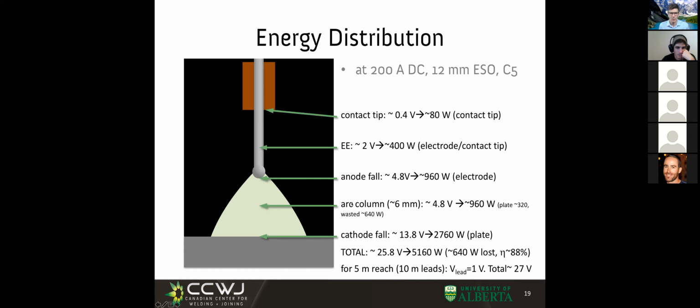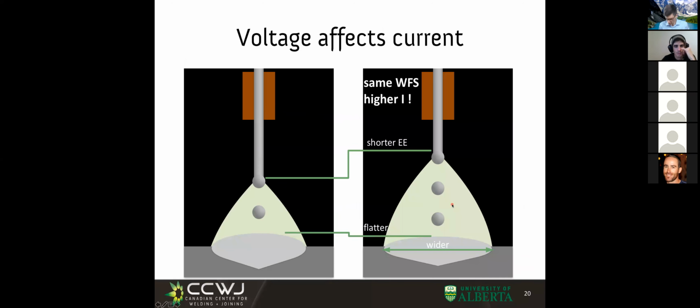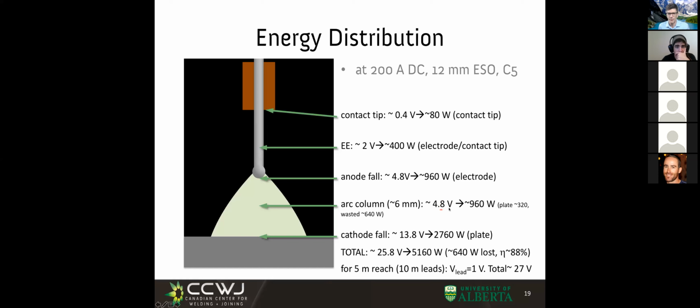And then we have the arc column, let's say 6 millimeters, and using what we know about the voltage it would be 4.5 volts, and that is about 960 watts in the arc. I'm making up something that is not horrible.